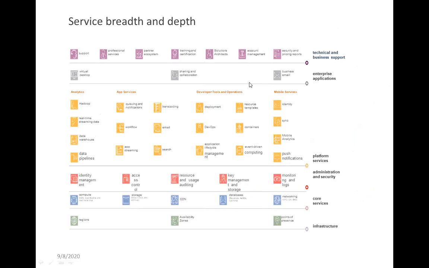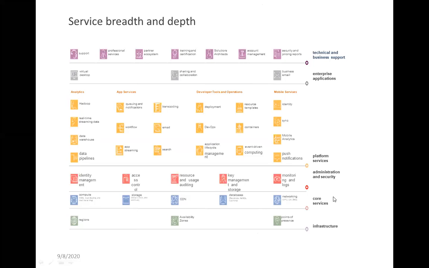In this slide you can see the technical and business support, enterprise applications, platform services, administration and security, core services, and infrastructure. If we move towards the depth, the basic layer is called infrastructure. In the infrastructure layer of Amazon, you can see the various regions, availability zones, and points of presence of the Amazon services.